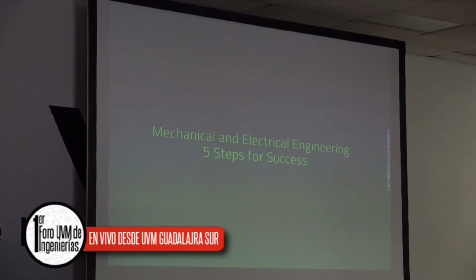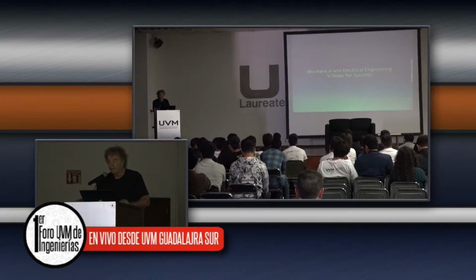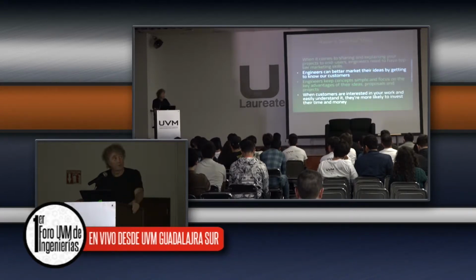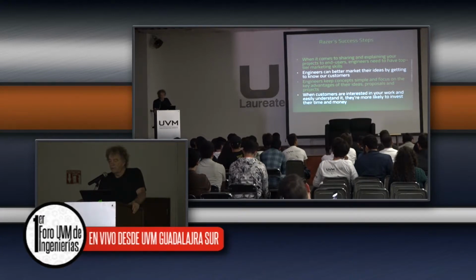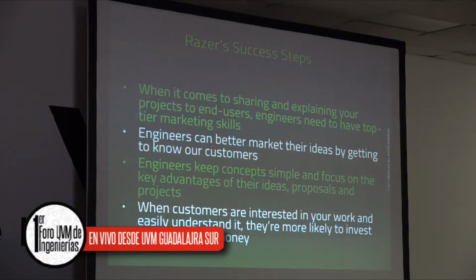So mechanical and electrical engineering, steps for success. It's actually more than 5. Our steps for success. When it comes to sharing and explaining your projects to end users, engineers need to have top-tier marketing skills. Excuse me, water break.